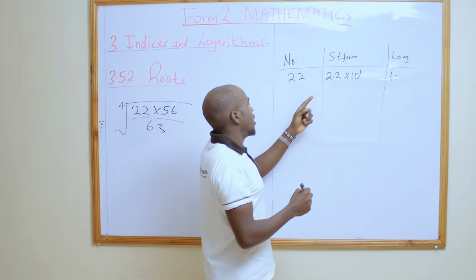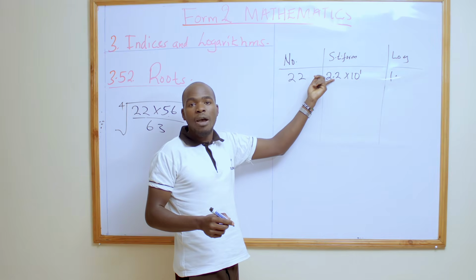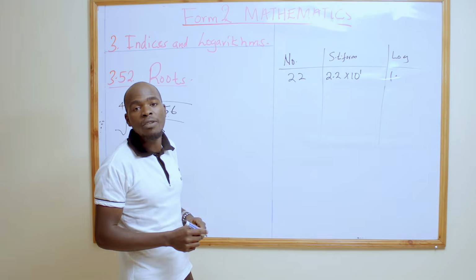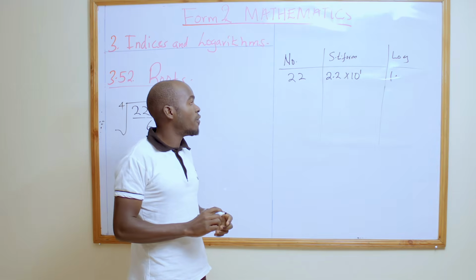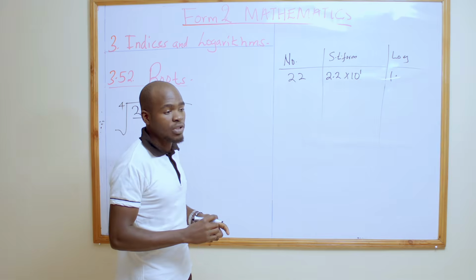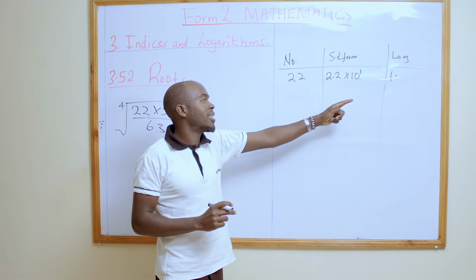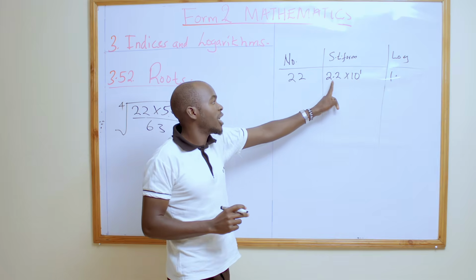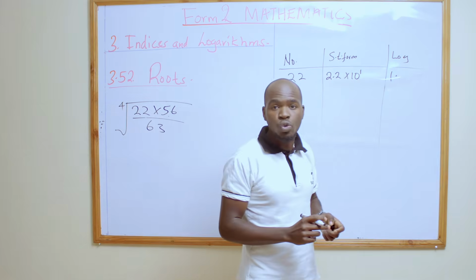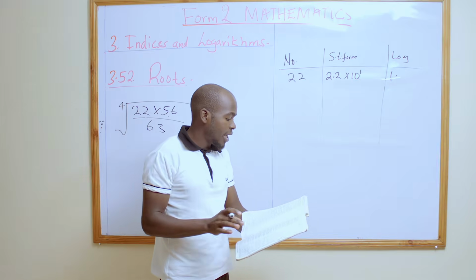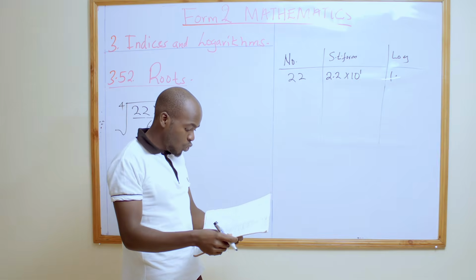Then for the remaining part, if we find the logarithm of it, it will give us the mantissa part of our number. So we shall use the log table to find the mantissa part from 2.2, using the logarithm of numbers base 10.